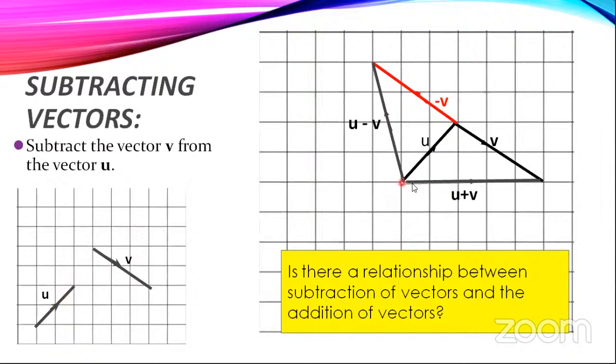But when we did the resultant, we realized that we were adding. What we want the students to understand is that there is a relationship between subtraction and addition. Students, what is the relationship then? We said it, but we want you to look at the diagram and make sure that though you say it, you see it, and you can say, yes, this is what we mean when we say the relationship.